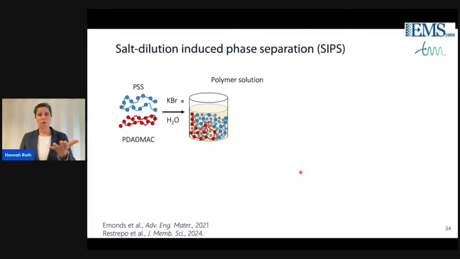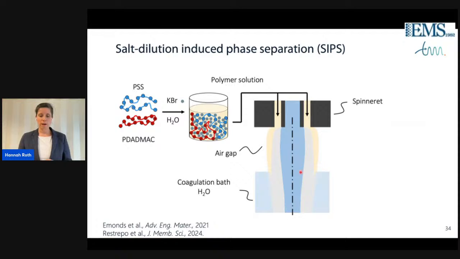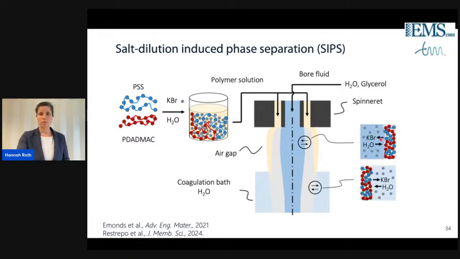We can use it as a polymer solution for hollow fiber spinning, and by bringing it into contact with water, which reduces the salt concentration in the polymer solution, at some point it initiates the phase separation into polymer-rich and polymer-lean phases. The polymer-rich phase is the polymer backbone of the porous structure, and the polymer-lean phase becomes the open pores.